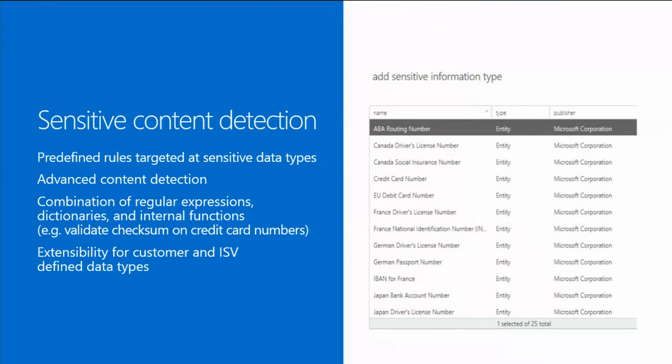While we have the ones we have discovered and found, clearly there's a world of content out there that we can't produce on a global basis. Think of things like employee IDs, health card numbers, etc., which are much more unique to either a geography or an organization and need to be created within that context. Those can be imported into the system and from then on used in the same fashion as the ones that are pre-built.